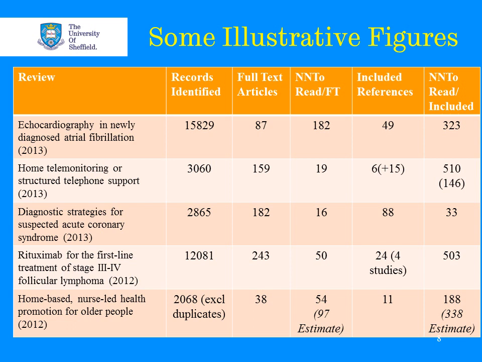And here are some illustrative figures for some recent reviews done by ScHARR. It's very difficult to judge the context of them, but we could make some observations that where the numbers go in over 5,000, then it suggests that the searchers are being very sensitive, and obviously this results in large numbers needed to read, and the second conversion rate there is the number of full text articles that we need to read in terms of the numbers of included references.